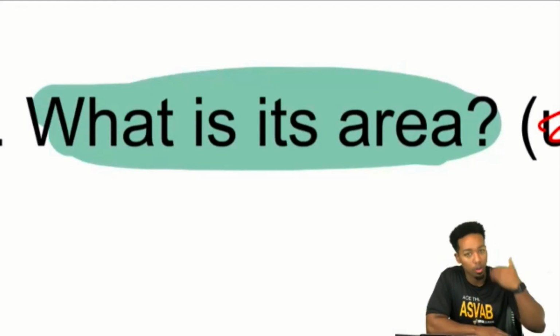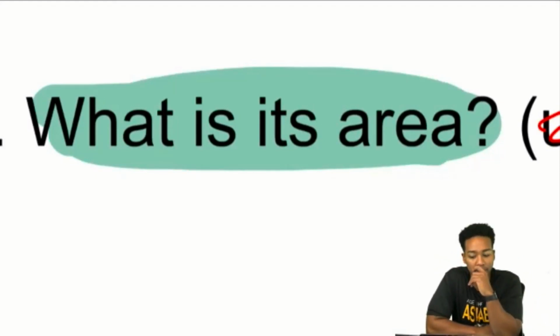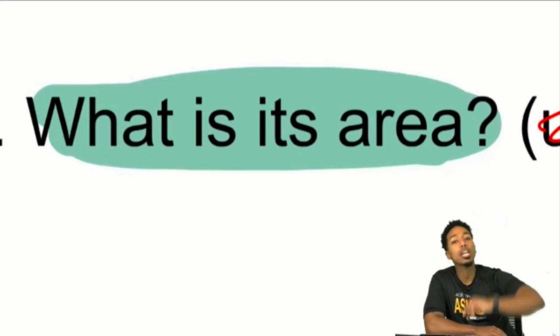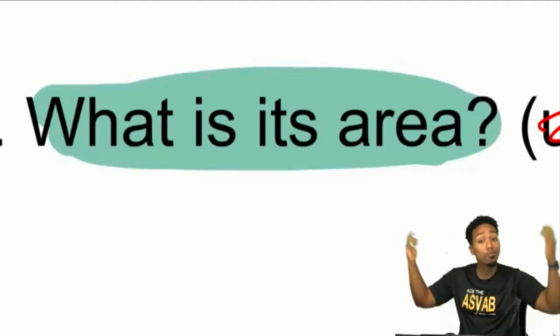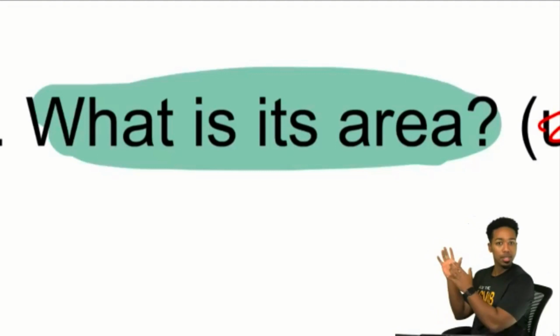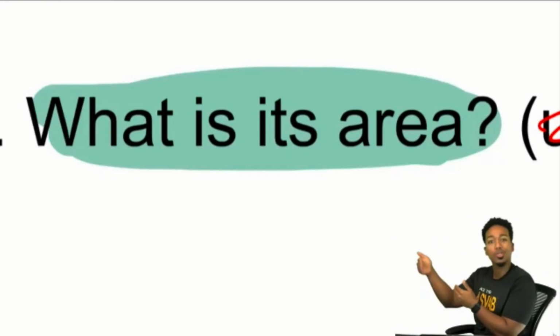What's your follow-up question then? I'm training you how to deal with geometry problems. If you read what's the area, what's the first thing that comes to your mind? My man, Tevin, right there. What's the shape? Tevin, great job. Area of what? You see how beautiful that can be? You're literally leading yourself to the correct answer.